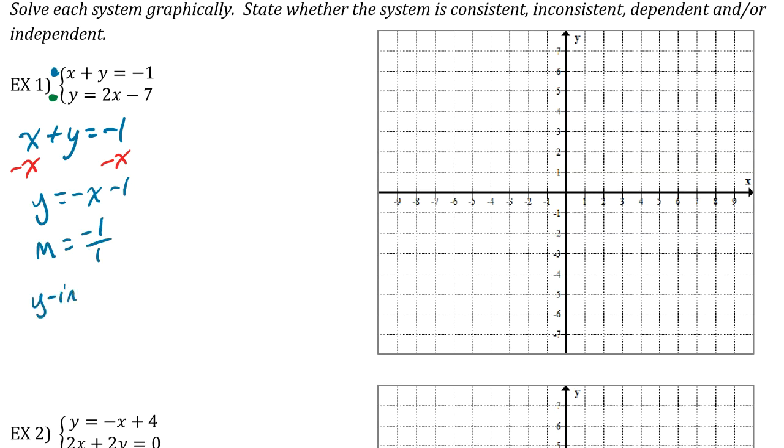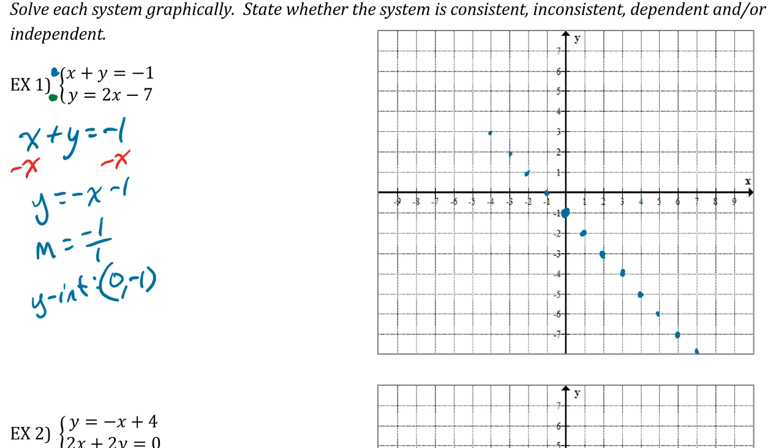We know our y-intercept is 0, -1. So we start with our y-intercept, 0, -1. Then we go down 1, right 1, down 1, right 1. Over and over, and that gives us the points for our line. You can go the other way as well.